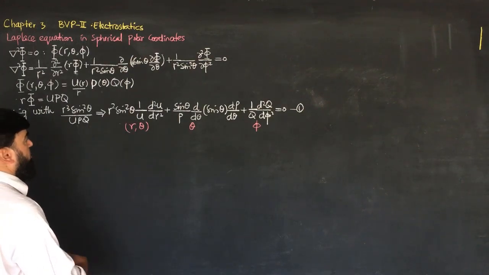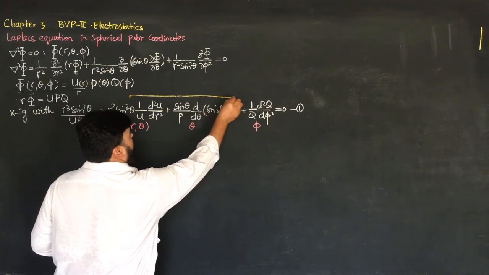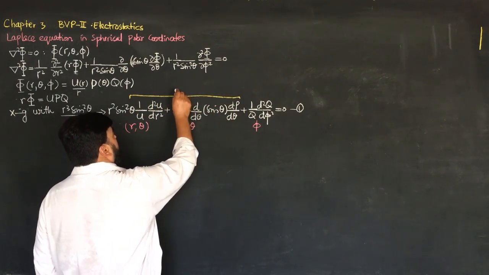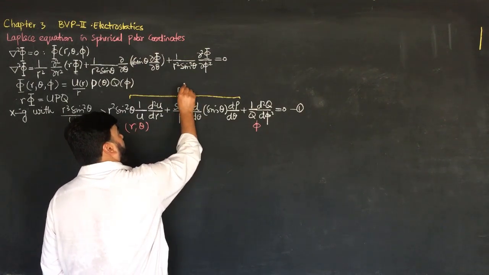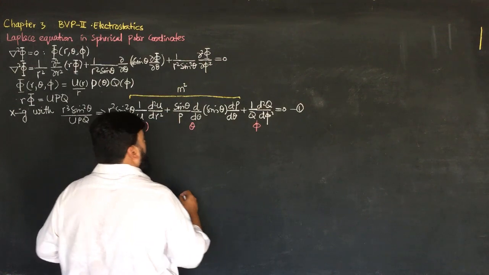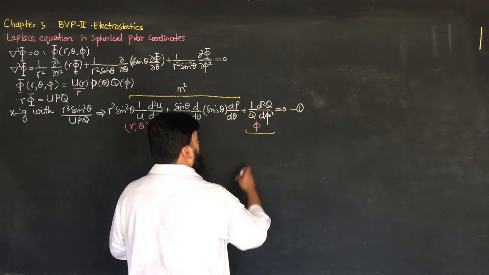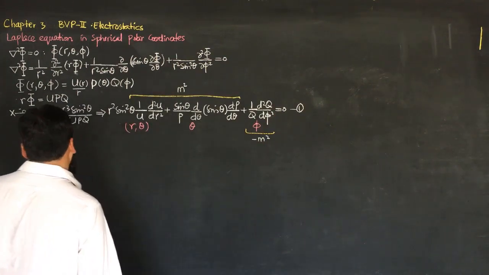Now if I consider only this portion, and if this portion is equal to a constant, let's say that constant is equal to minus m square, then the remaining portion will be equal to m square, and the result will be equal to 0.